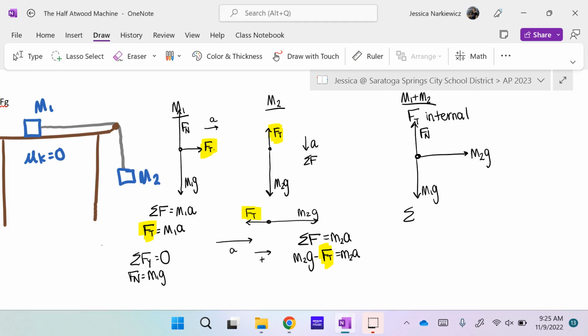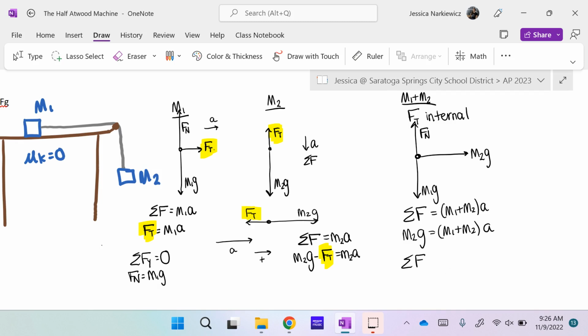Okay? So my net force equation for the system, the two object system, that is the accelerating net force, is going to look like M2G. So the force of gravity on this is what's causing the system to accelerate. And I have the total mass of the system times the acceleration, where the acceleration is the same.